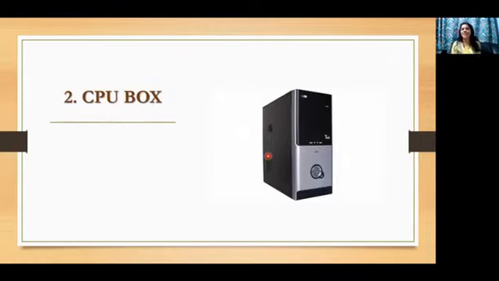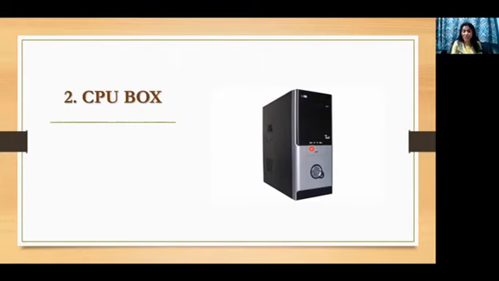Here comes the CPU box. Are you able to see one picture here? It looks like a box, and this box is called the CPU box. Even though it looks like a box, it is a very important part. This is the most important part of a computer. In your body, which is the most important part?